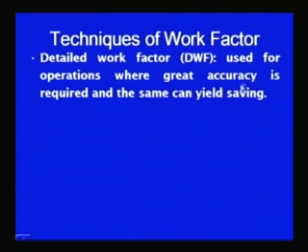This gives very accurate time values, and if those time values are important from the saving point of view, then this method should be applied, but it is very time consuming and costly, because it looks in great detail at the various aspects related with the operation.